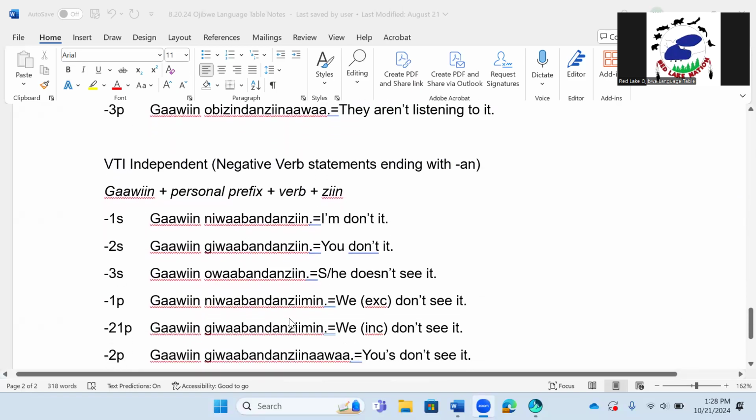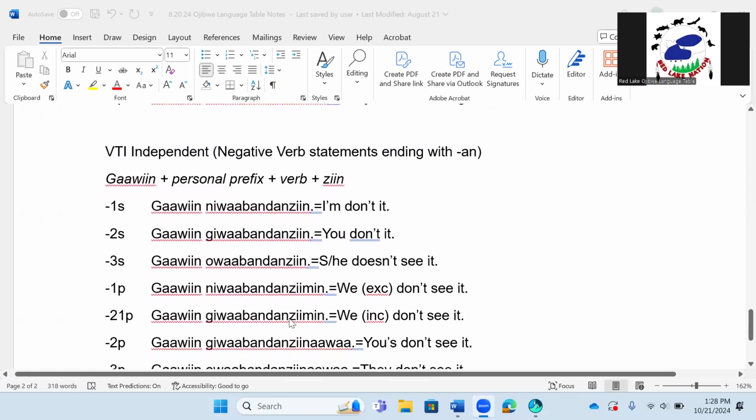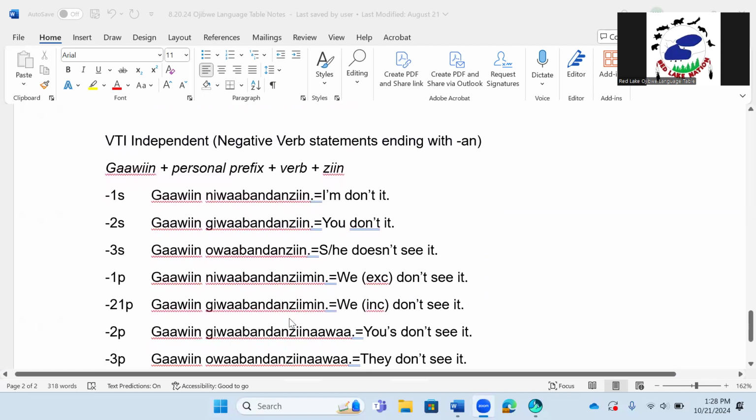All right, let's see what our next one is. Wabendun. Here's our wabendun negative pattern. Again, we have a verb ending in un, which is wabendun. We're going to use the pattern gawin plus personal prefix ni, gi, or o plus our verb plus zin. All right.